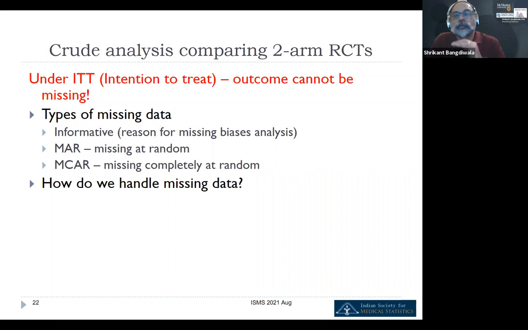So this was not dependent on their weight, it was dependent on their job. And the employees that were not allowed were maybe of lower socioeconomic status than those that were allowed to come. So now the missingness was not dependent on their weight change, but it was dependent on their job. And so that would be missing at random.